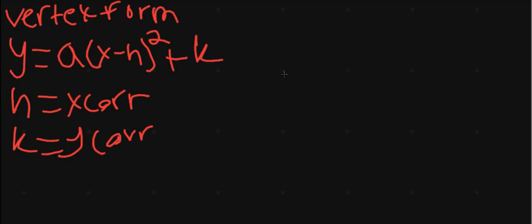Now, the thing to pay attention to is that when you're looking at h, your x coordinate will always be the opposite sign of what it is in the space. So if you see a minus 6 as the h value in the h place, it will equal 6. If you see a regular 6, it's going to equal minus 6.